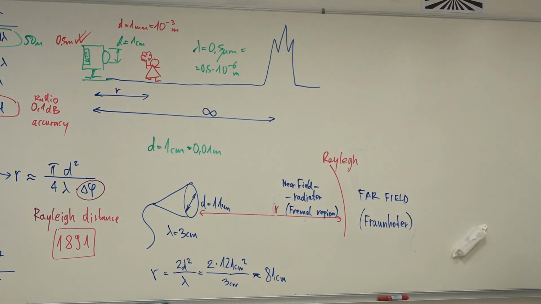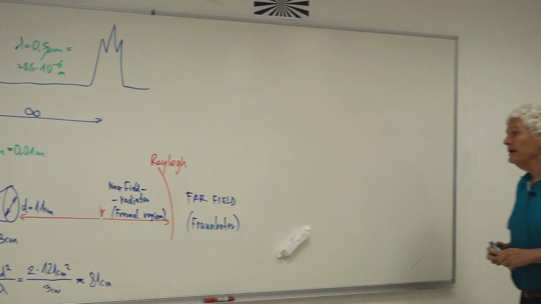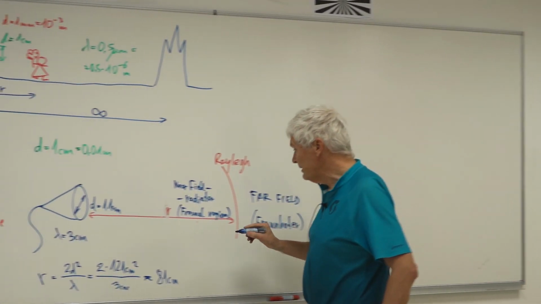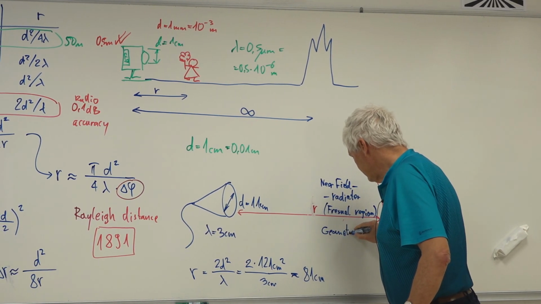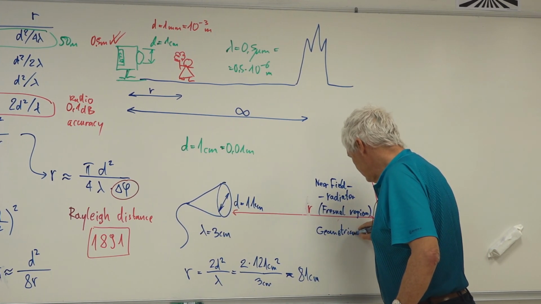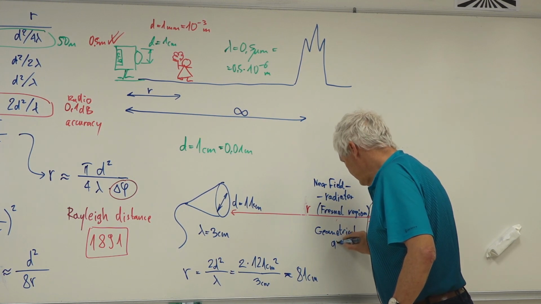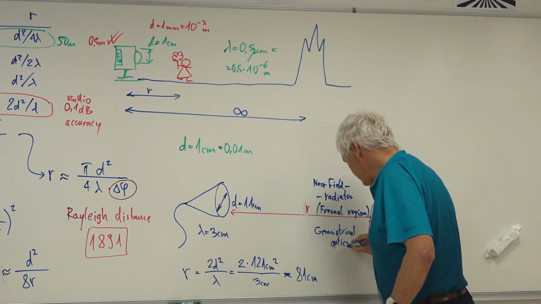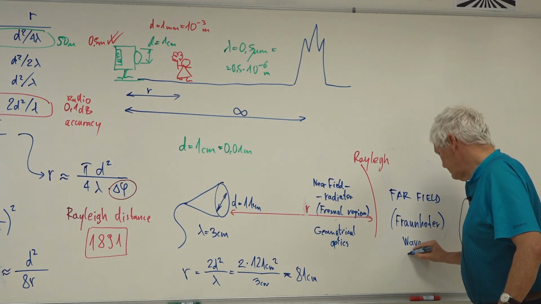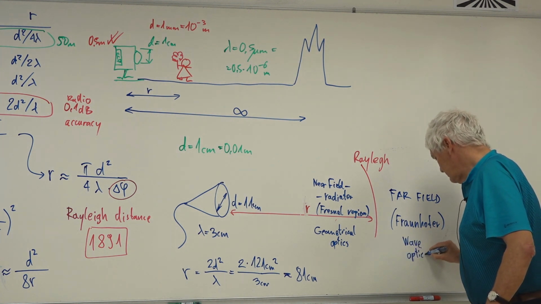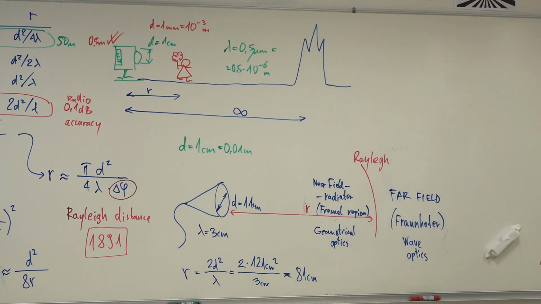So about different names, how are these things called? This is also called geometrical optics. And this is wave optics. So just to tell you how these things are called in different ranges of physics.